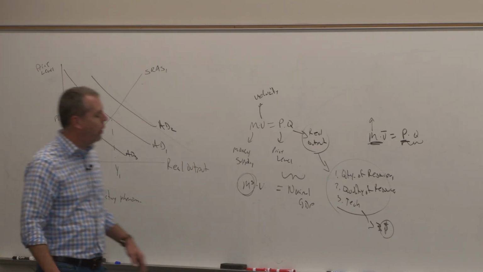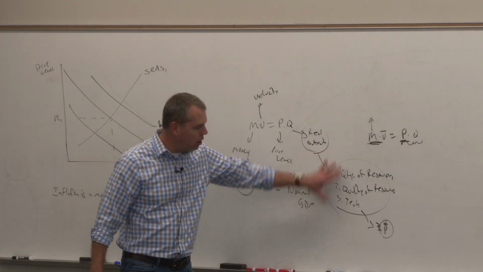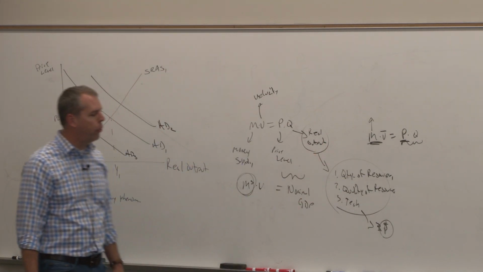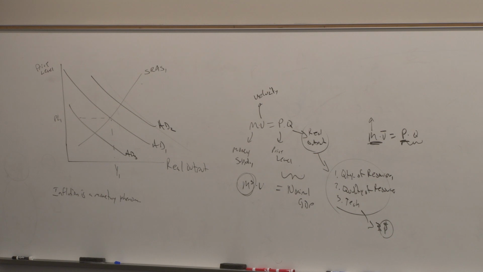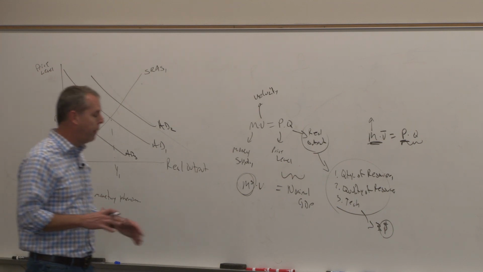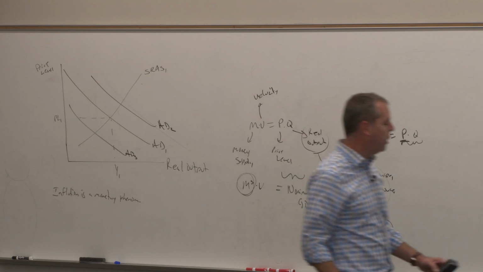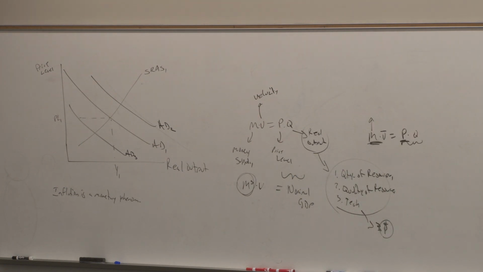Because the quantity and quality of resources and our level of technology ultimately have nothing to do with the number of green pieces of paper that exist in the economy. All that the green pieces of paper do is just make it easier to make transactions, to store value from one period to another, to measure the different prices of different goods and services relative to each other. That's all that it does. It doesn't actually create anything in and of itself.